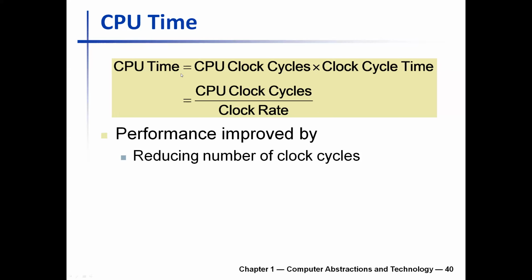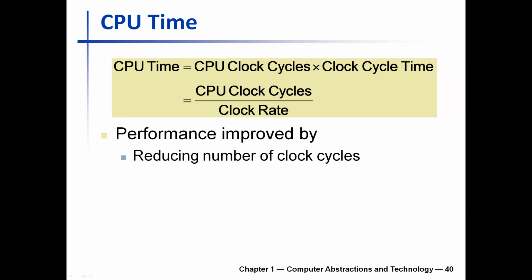So when we use the CPU time measure to define performance, performance can be improved, based on this equation, by reducing the number of clock cycles. If you reduce the number of clock cycles, the CPU time should reduce according to this. Number of clock cycles reduced, then the total CPU time should reduce.